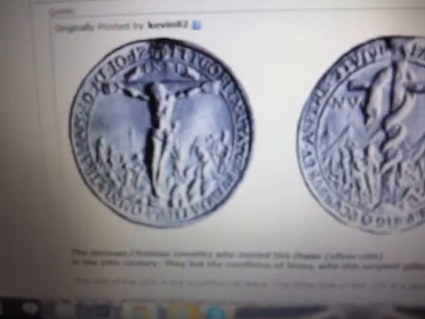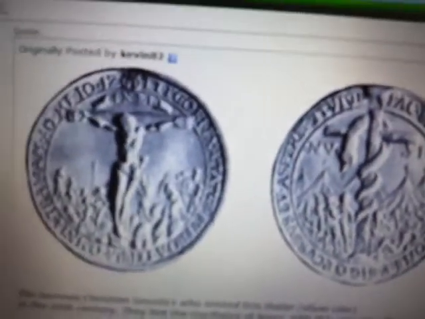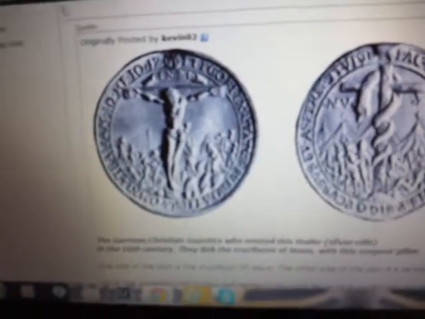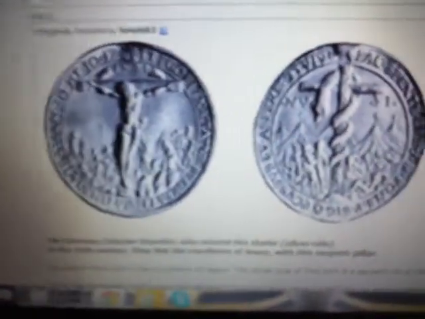But what I really wanted to bring out was where the word dollar comes from. This is the original dollar, the thaller from Europe. So yeah, this is basically it.